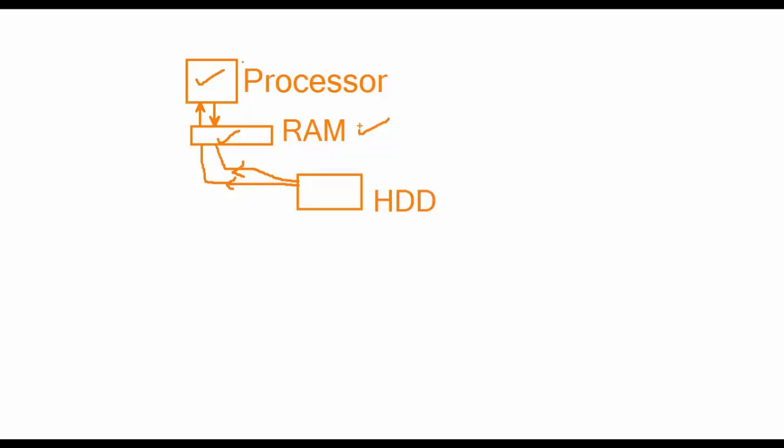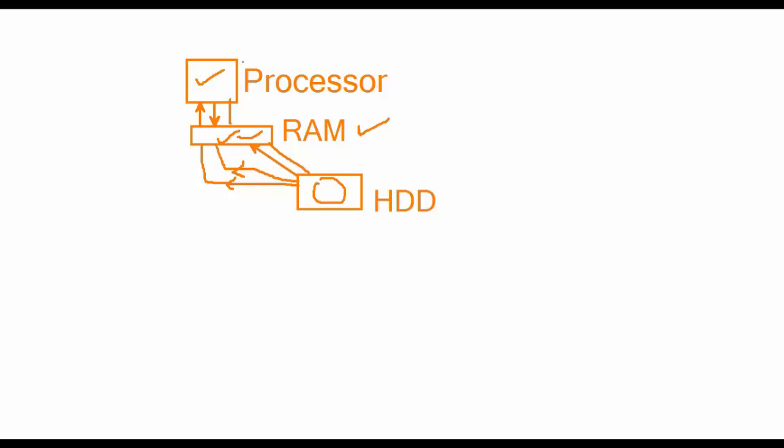If our RAM does not have sufficient space to keep a copy of the entire data of all the applications we are running as well as the operating system, then the RAM needs to communicate with the hard disk again. It takes a small amount of data, feeds it to the processor, and then it requires new data, so it comes back to the hard disk.